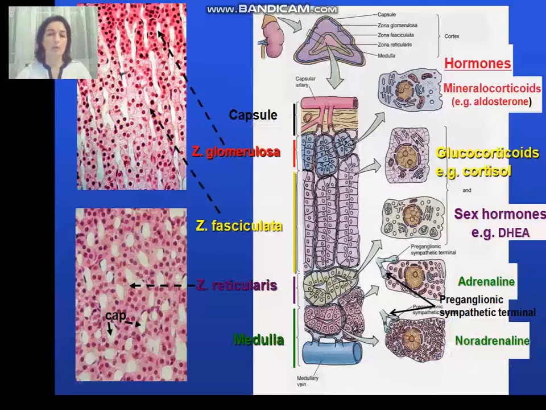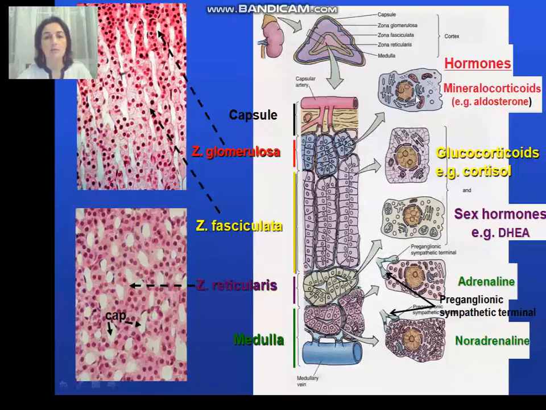Each of these zones has its own structure and hormones that are produced by cells there. Zona glomerulosa includes cells which form cords and rounded structures. That's why this zone is called glomerulosa.